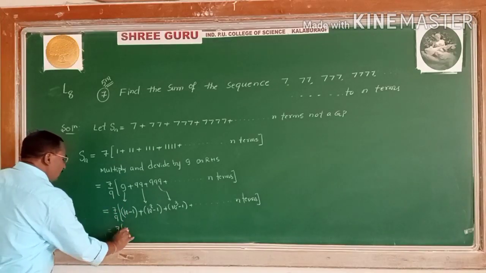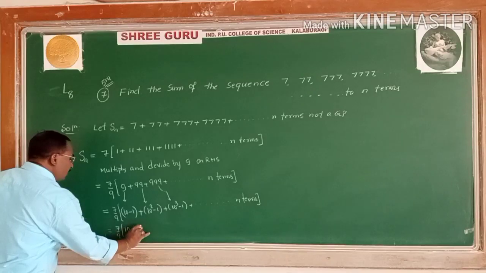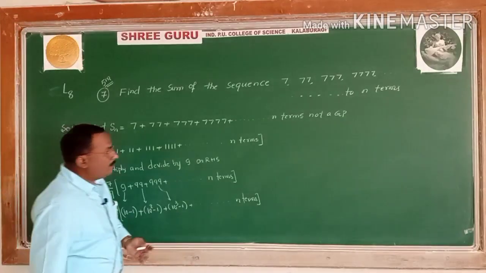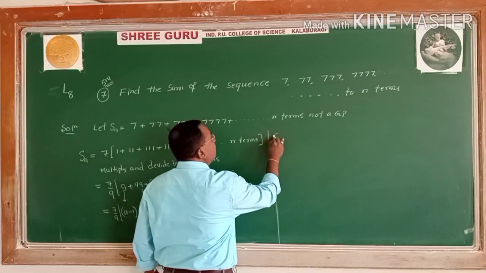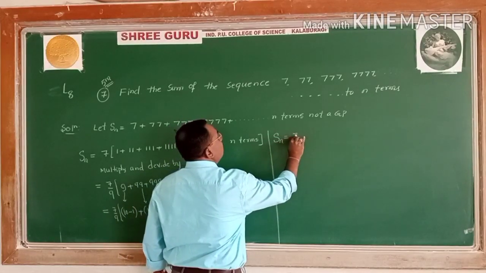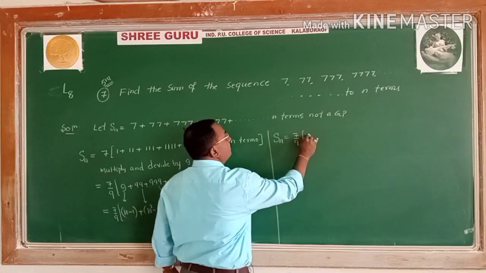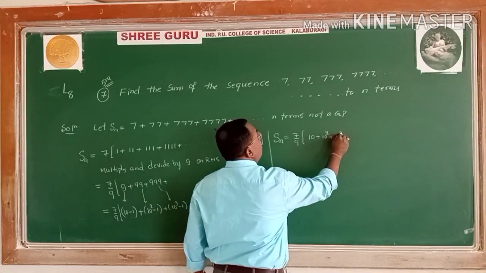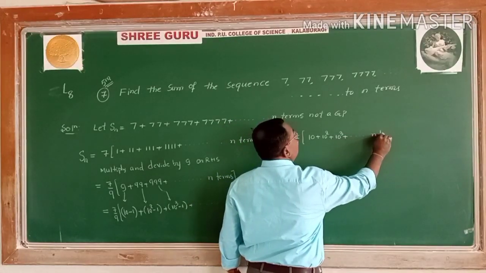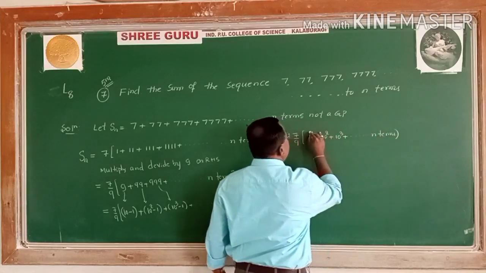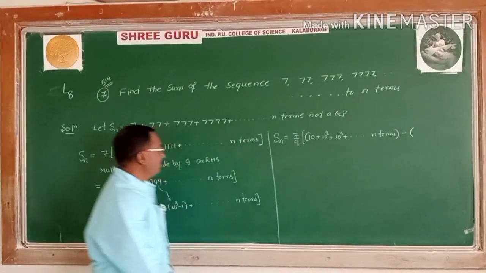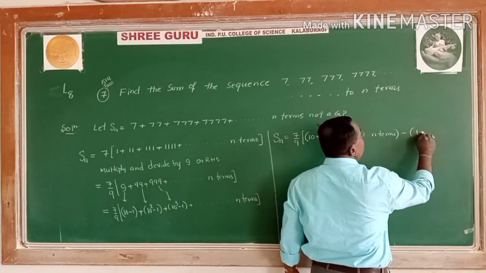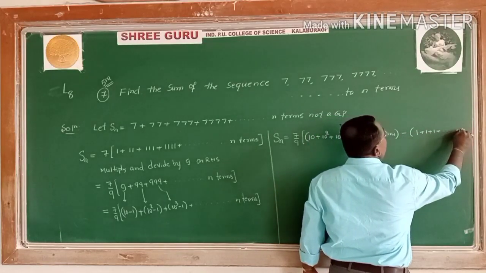That is Sn is equal to 7 by 9, 10 terms on one side: 10 plus 10 square plus 10 cube plus and so on to n terms, minus 1 plus 1 plus 1 plus, n terms.